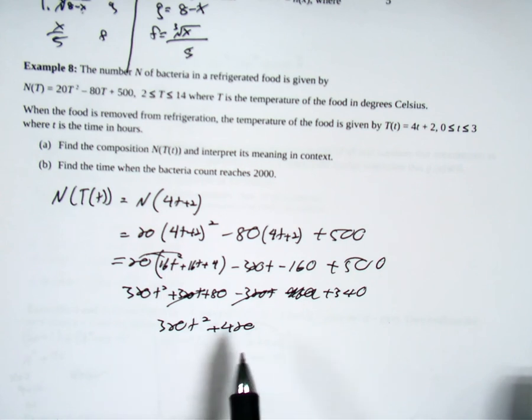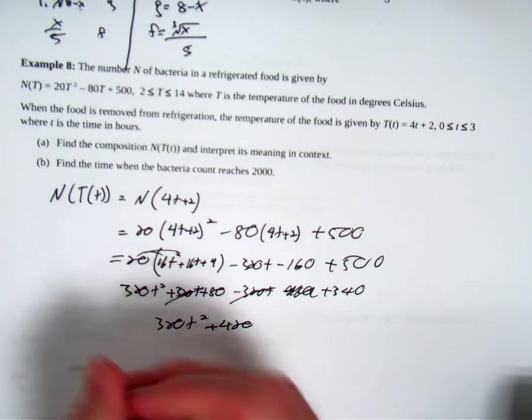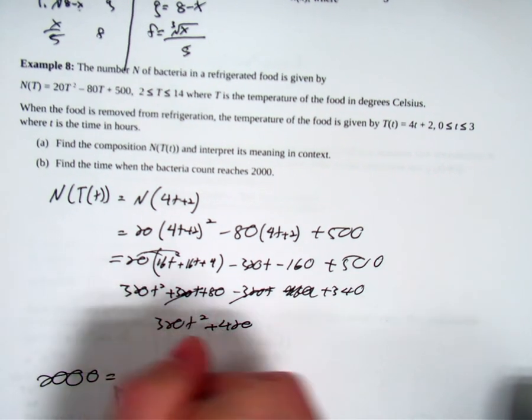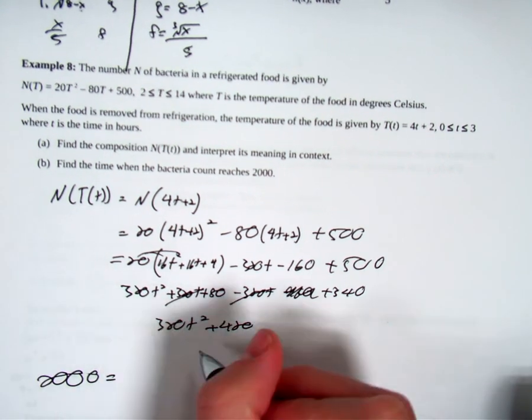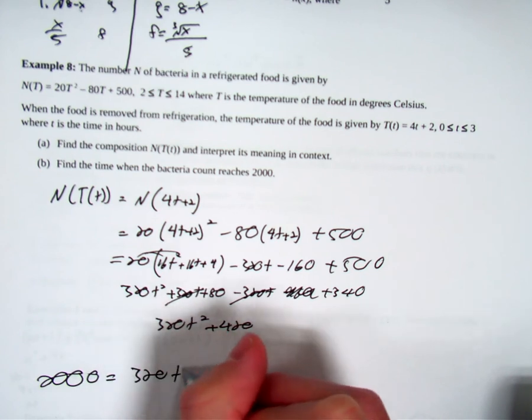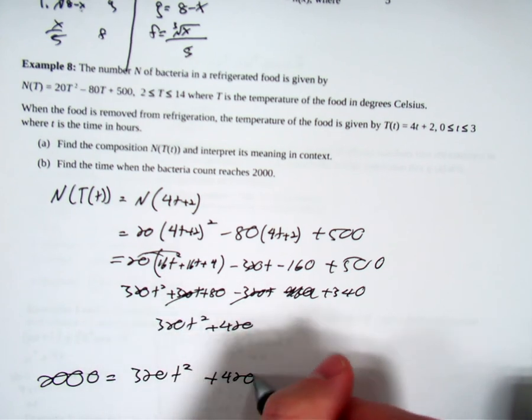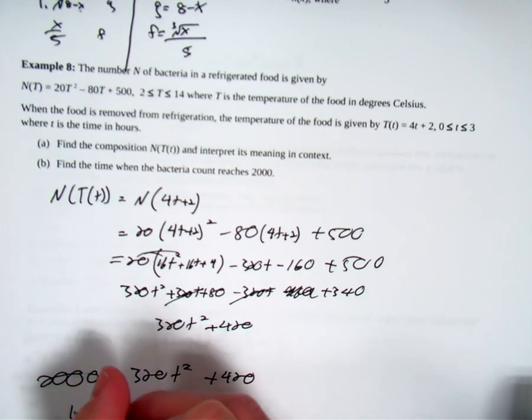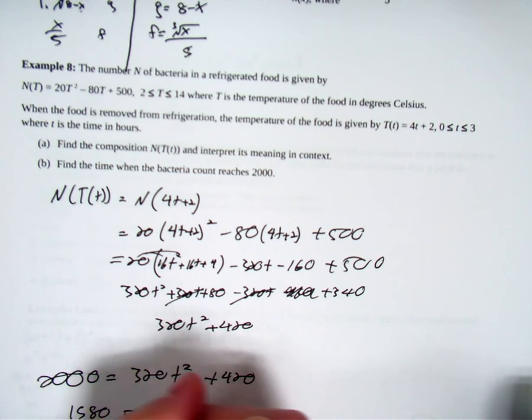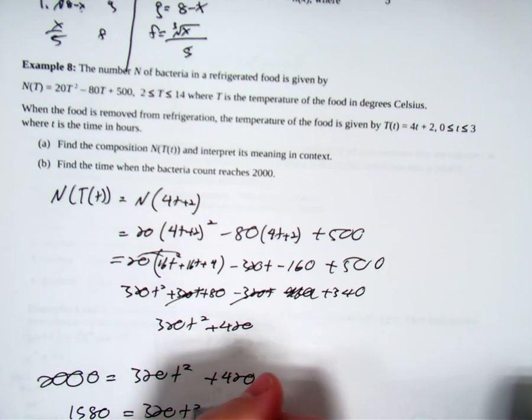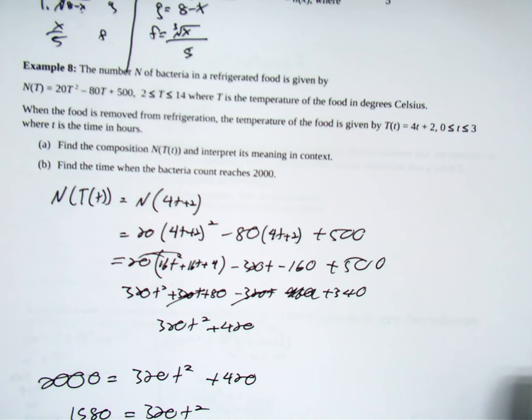Find the time it would take for the bacteria count to reach 2,000. So we know what the bacteria count is. We're going to set it equal to our equation. Subtract that over. 1580. Let's divide.